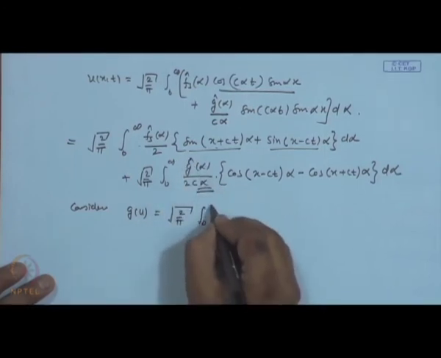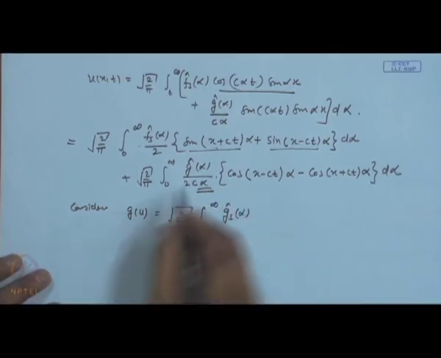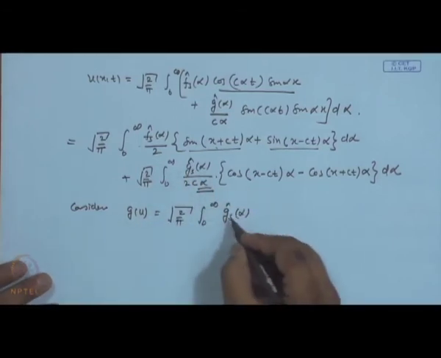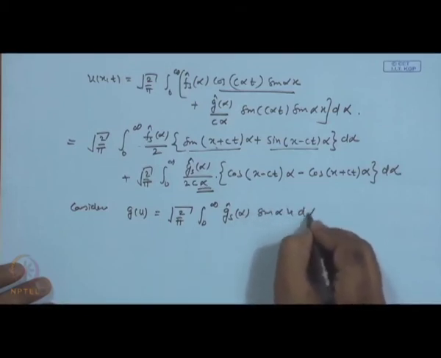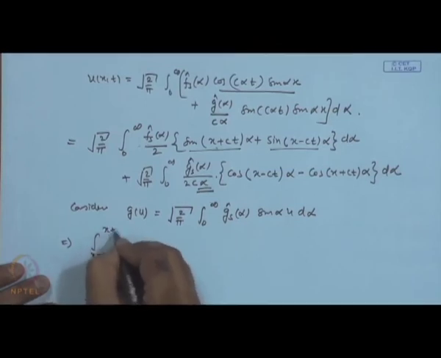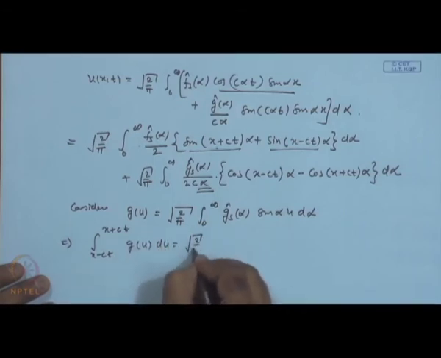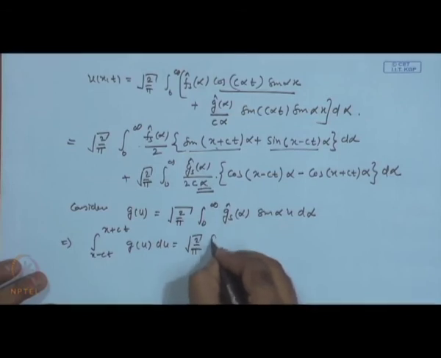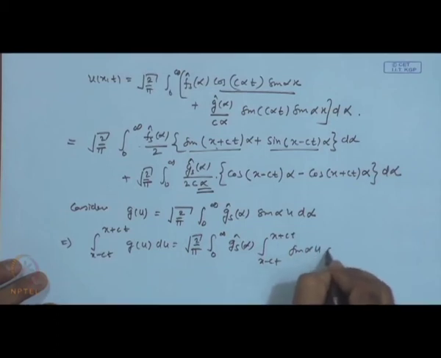So, we have 0 to infinity Fourier sine transform ĝ_s(α), and then we have sin αu dα, and if we integrate this from x−ct to x+ct, g(u) du, 2 over pi, and we also change the order of integration. So, first 0 to infinity will come ĝ_s(α), and then x−ct to x+ct will come, sin αu dα.